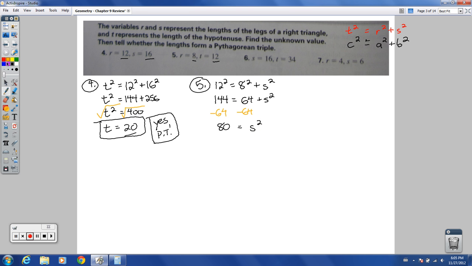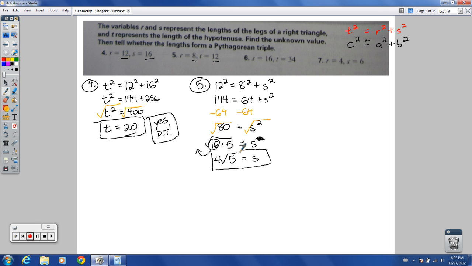You take the square root of both sides. This does not become a nice clean whole number, but there is a perfect square that goes into there. 4 works, but 16 is a bigger one that works, so let's use 16. This comes out as a 4, so you have your final answer. This went away, sorry, so there's no squared part left. So your final answer should be 4 radical 5.